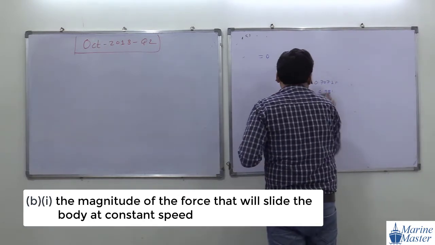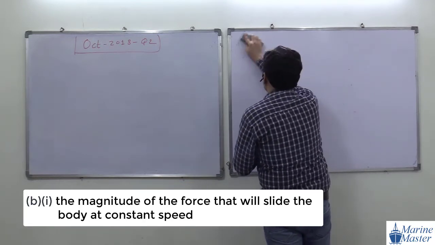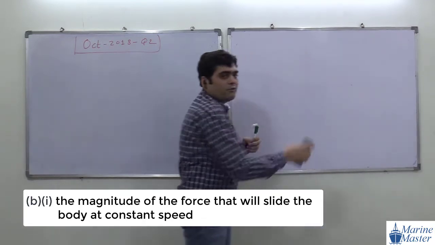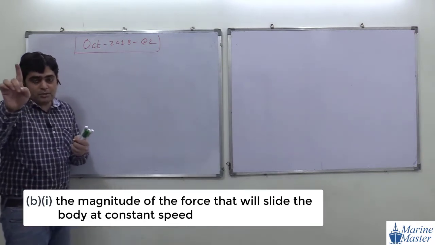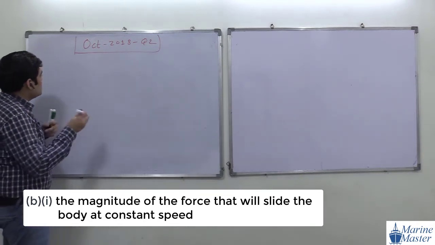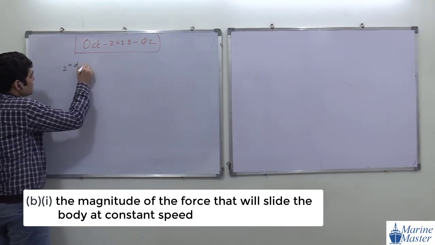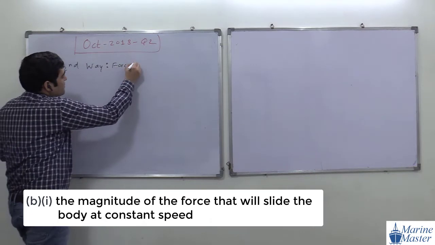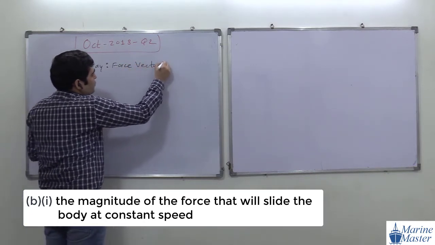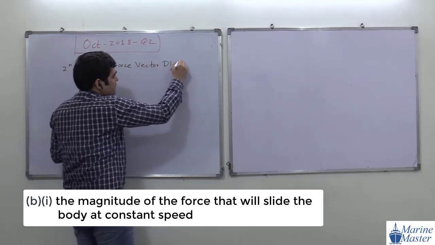We have to find out the value of F. So what first way have we seen? We calculated by using the equilibrium equation method. Now, what is the second way? Force vector diagram method.